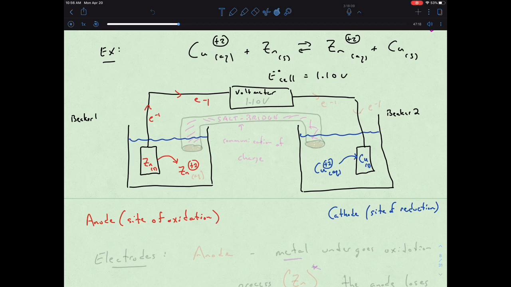That's actually on the cathode side of the reaction. Between the two of them, we have a salt bridge.